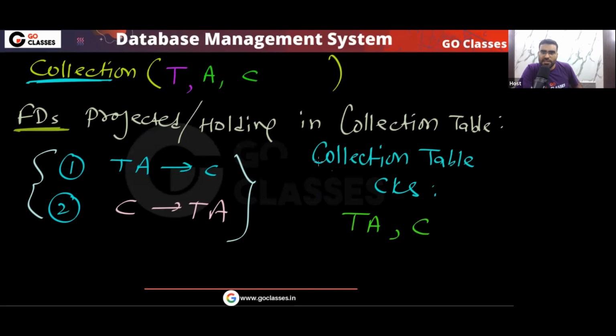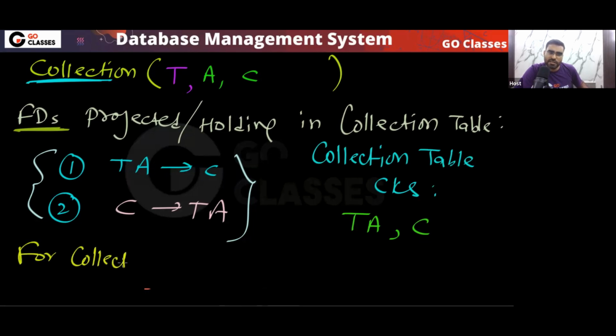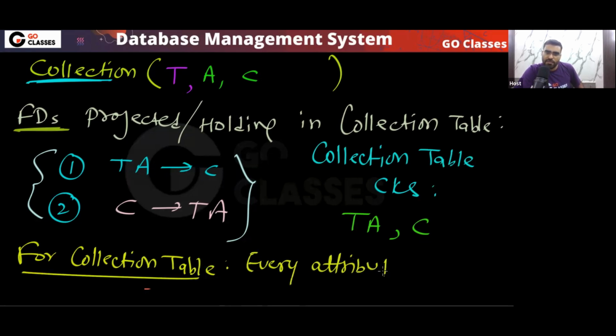So these are the two candidate keys. So can I say that every attribute is prime? Yes or no? For the collection table, every attribute is prime.